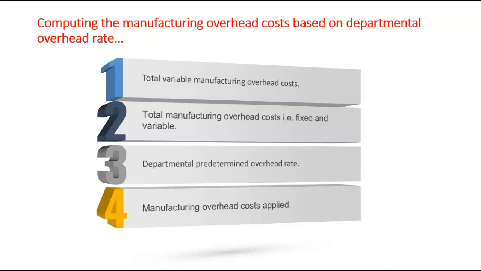Calculate the departmental overhead rate, which is the budgeted departmental manufacturing overhead cost divided by the budgeted allocation base. So here you need to identify what the department's allocation base is, whether it's machine hours, labor hours or others, depending on the information given to you. The final step is step 4, where you calculate the manufacturing overhead cost applied.